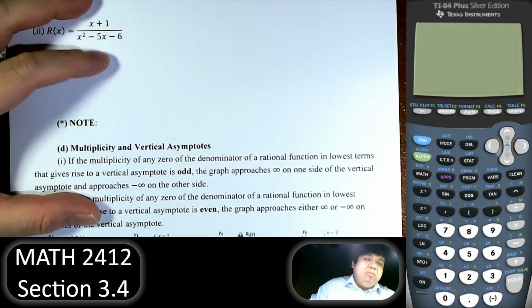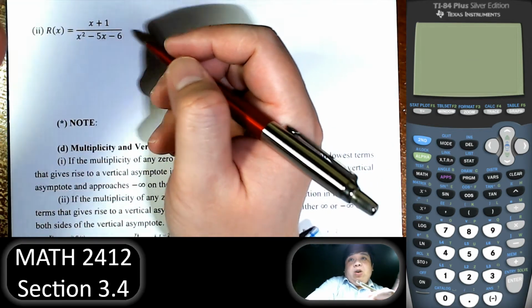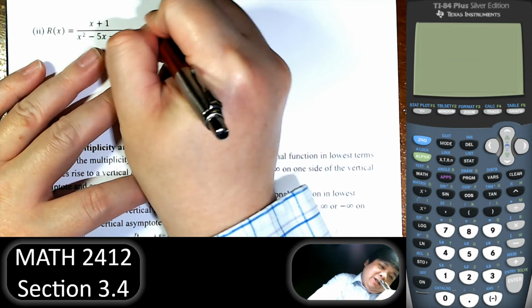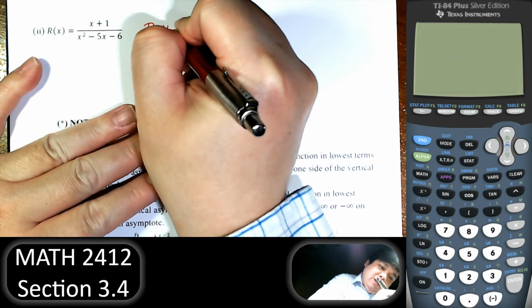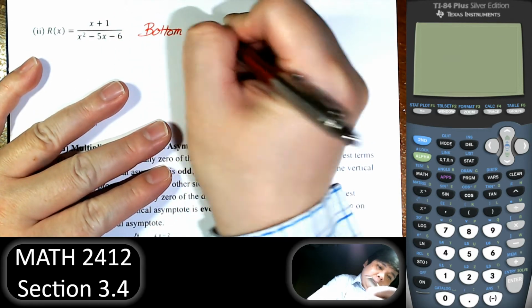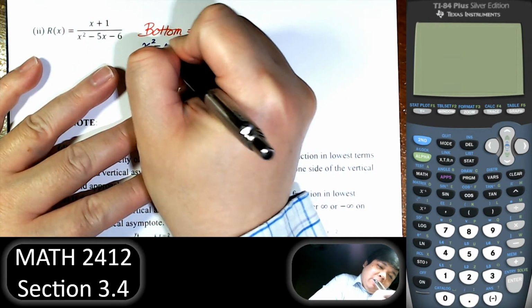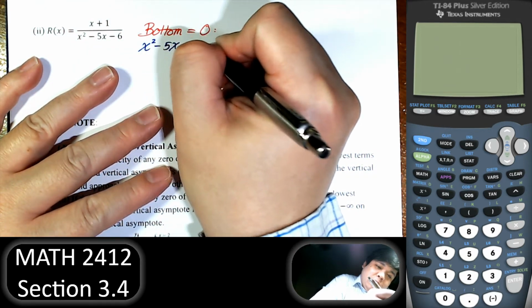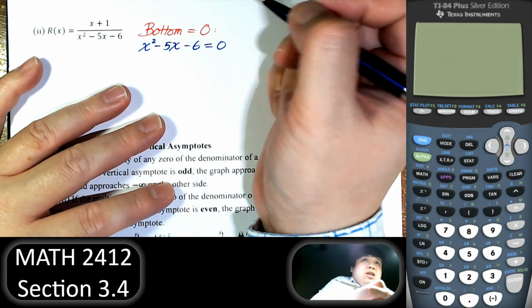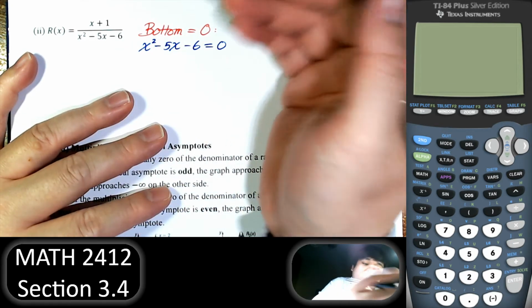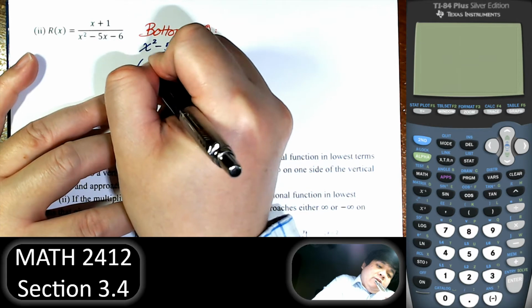Next, same thing here. Bottom equal to 0 and the top is not. x squared minus 5x minus 6 equals 0. We can factor, complete the square, or use the quadratic formula. It doesn't matter. Here I can just factor.